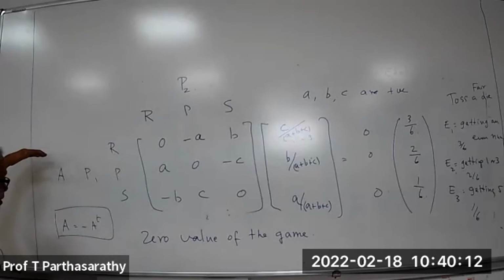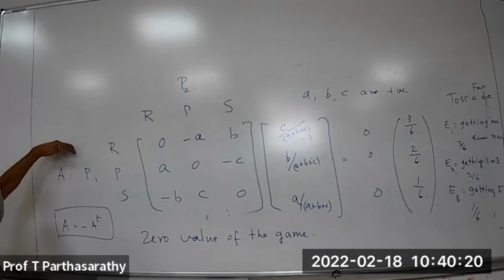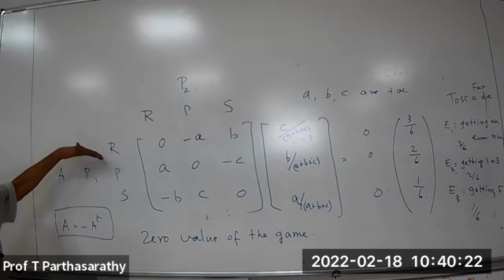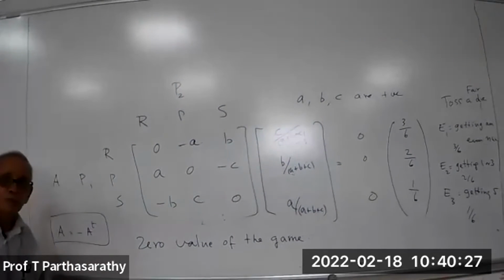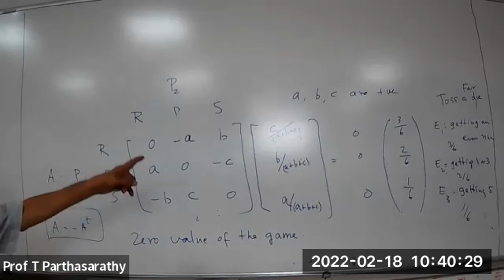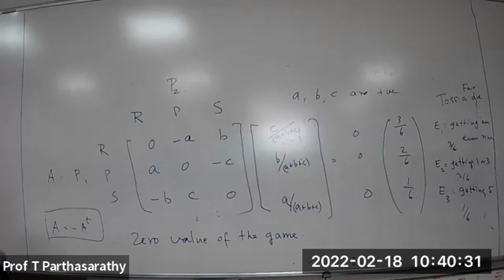Also, for the other player also the same strategy will be optimal. That is, if I use C by A plus B plus C, B by A plus B plus C, A by A plus B plus C, then also corresponding to each column, it will be 0. That is, this strategy which I have given is optimal for both players.